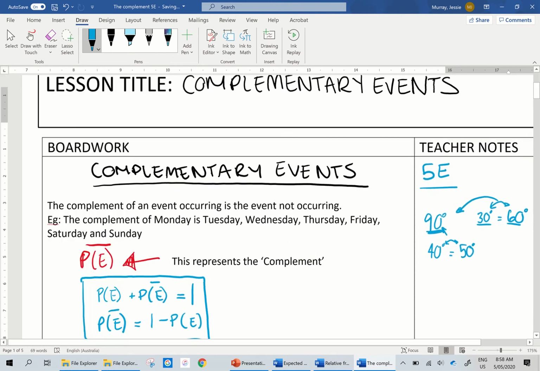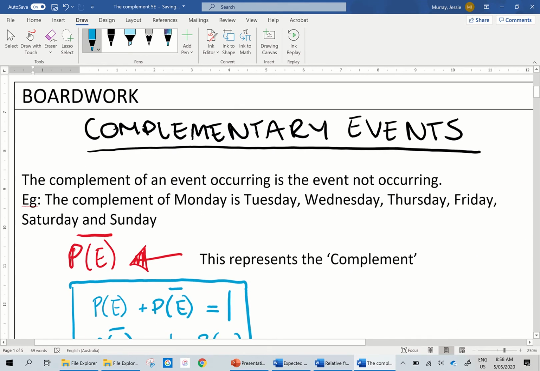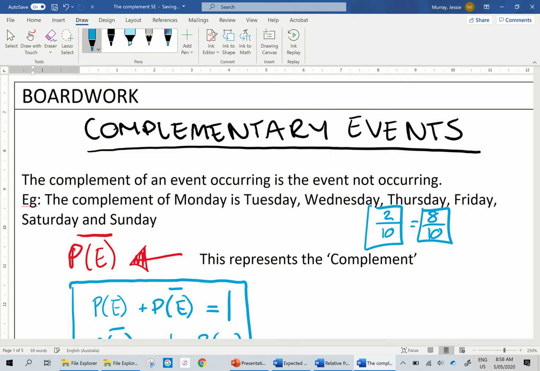Similar idea in probability. But this time, when you add the probabilities together, they give a total of 1. So think about something like the complement of 2 out of 10 would be 8 out of 10, because it's the other part that's going to add to give 1 whole.